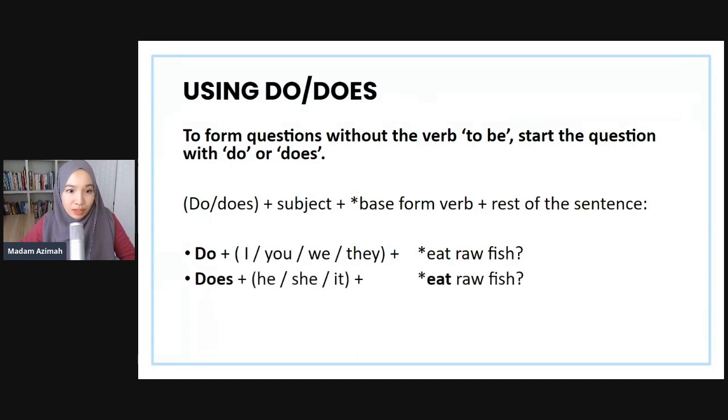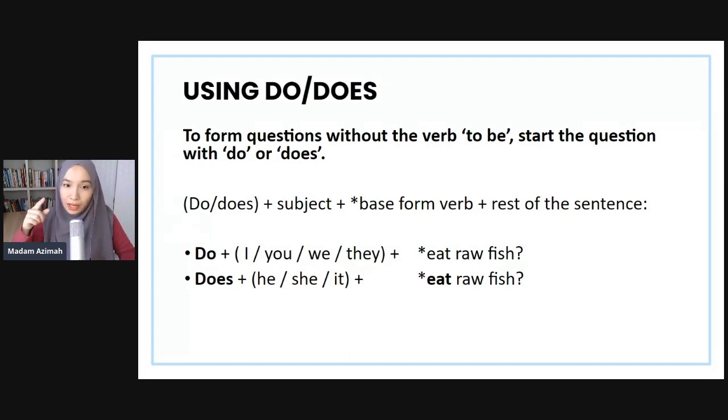How do you use does then? Does is used with he, she, it. Does he, she, it eat raw fish? I used it there because I was thinking of an animal, maybe a cat, and you don't know if the cat is male or female. So, does it eat raw fish?